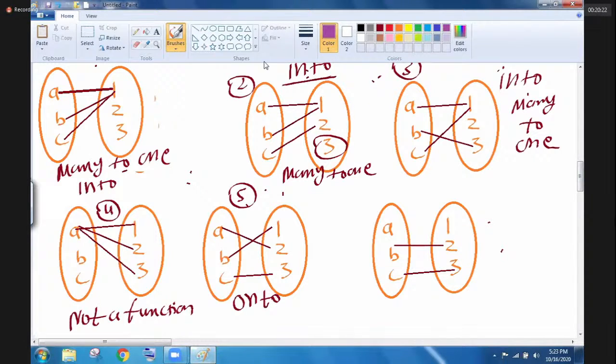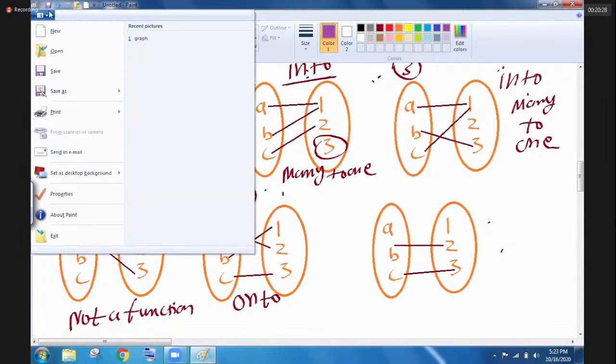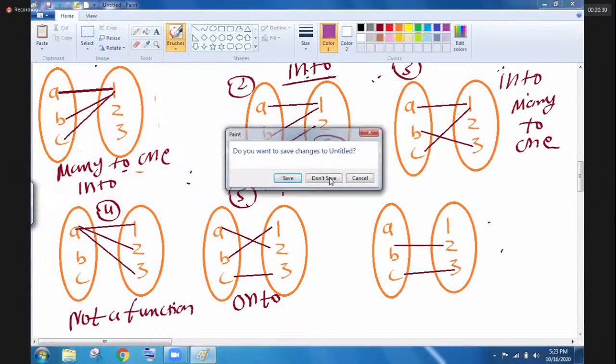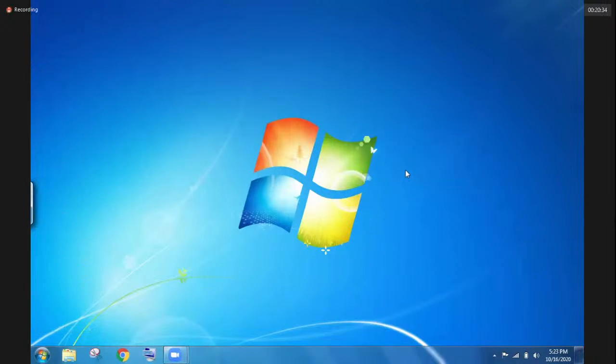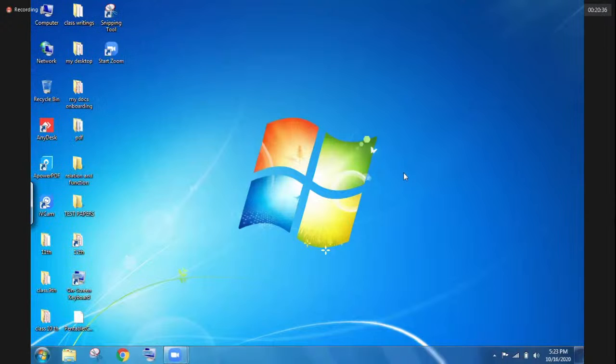Maybe the charge got over. My laptop is fully charged, but it happens because my laptop has been working since 8 o'clock in the morning, non-stop. So sometimes it gets stuck. If you touch the surface, you can fry an egg on this laptop right now.